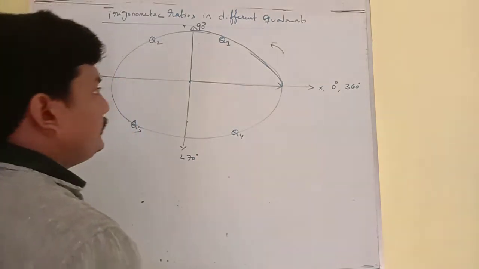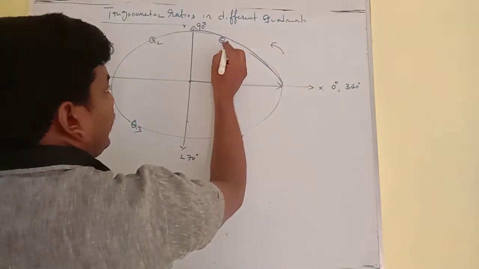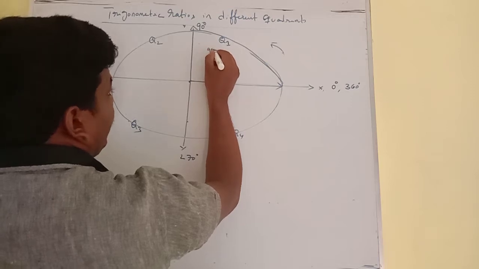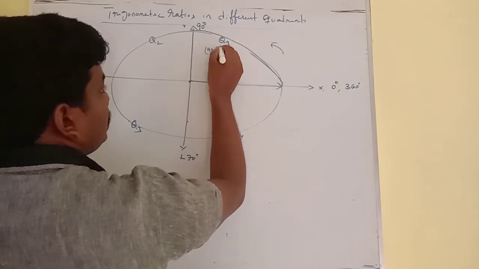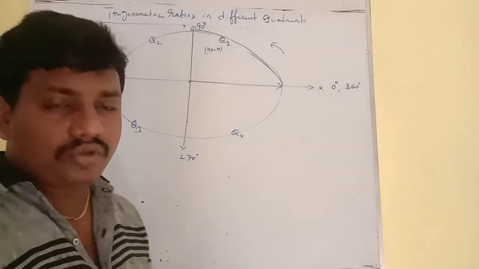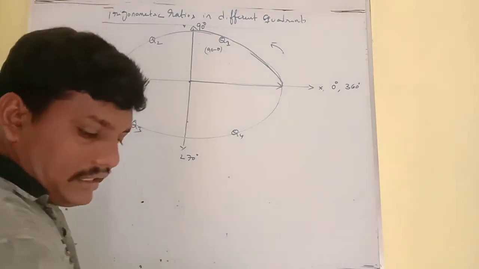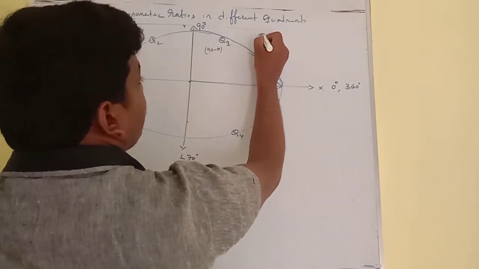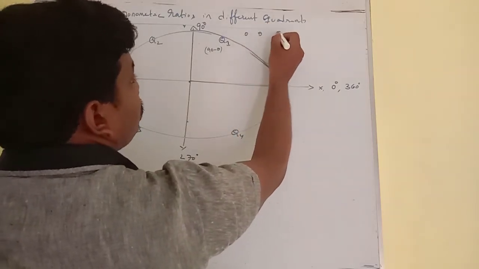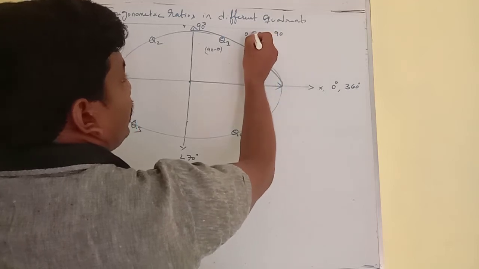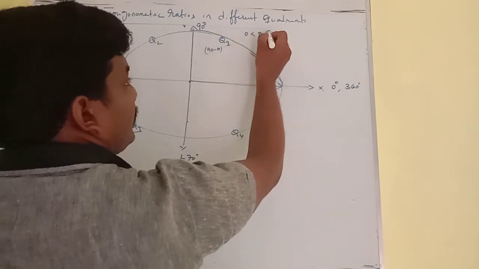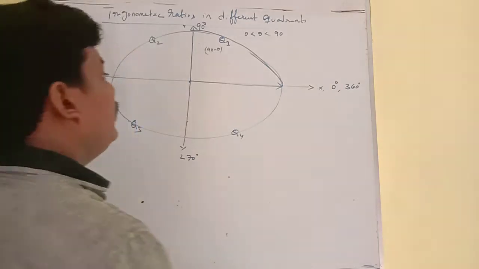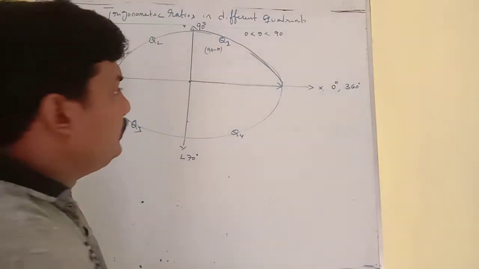So theta lies between 0 and 90 degrees, that is 0 is less than theta and theta is less than 90. It can be written as 90 minus theta.